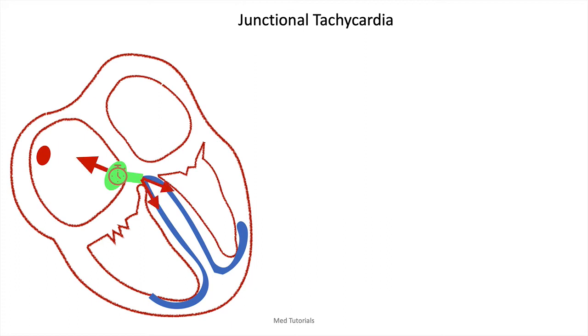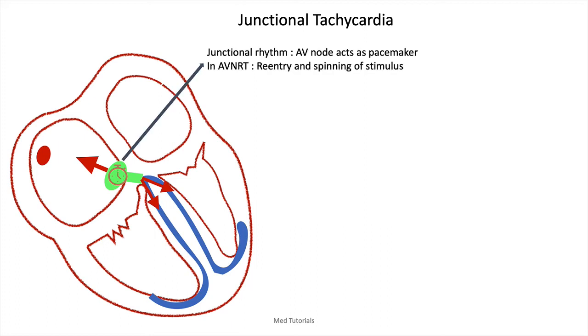And from the AV node it sends out impulses in a retrograde and in a forward manner. This is different from AVNRT, where you have impulses which keep re-entering through a dual channel in the AV node and cause a spinning sort of stimulus.